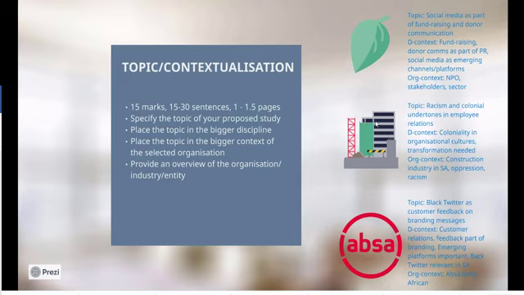Then the construction industry example of example 2, the topic here could be something like racism and colonial undertones in employee relations in the construction industry.